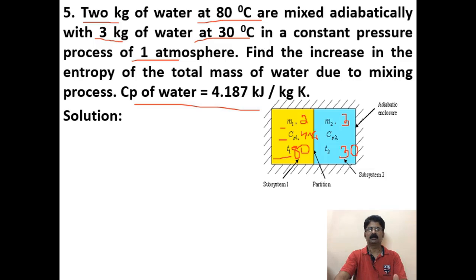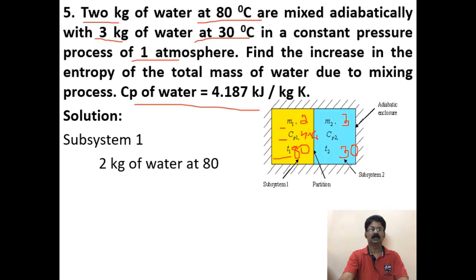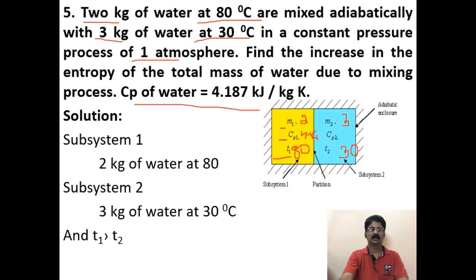Instead of writing M1, Cp1, T1, you can write the actual values inside the box. Now subsystem 1 is 2 kg of water at 80 degrees Celsius, and subsystem 2 is 3 kg of water at 30 degrees Celsius, and T1 is greater than T2.